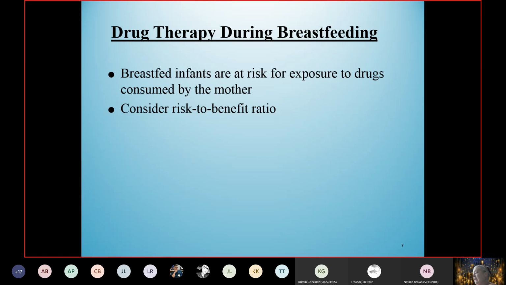So characteristics that increase likelihood of transfer during breastfeeding: fat soluble, low molecular weight, and high concentrations. The actual amount of exposure depends on the amount of milk consumed, or the volume. And of course, as always, you have to weigh the risk to benefit ratio, both to the mother and the baby.